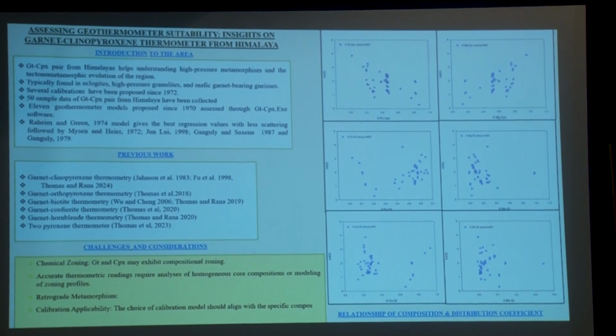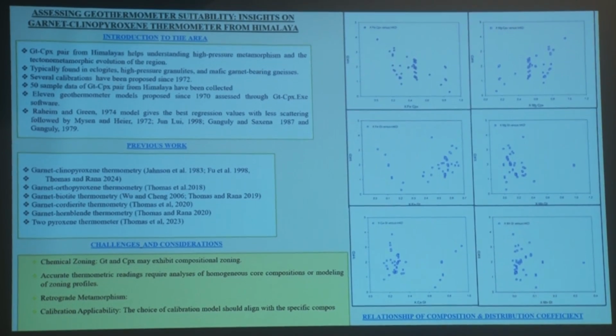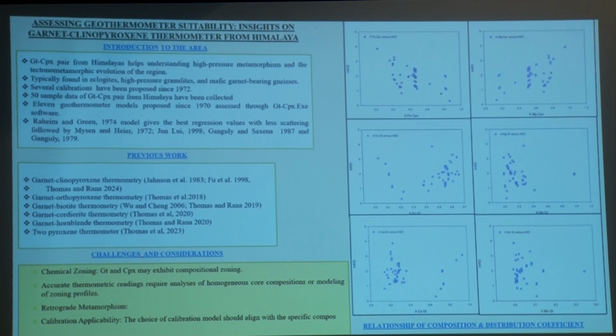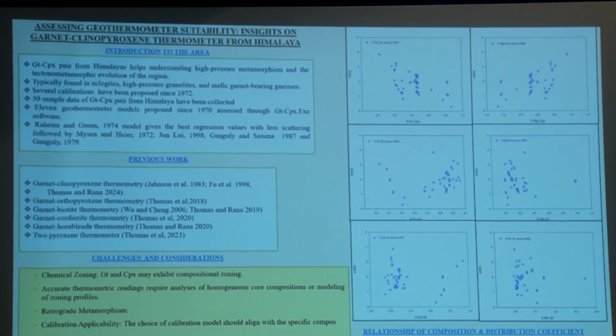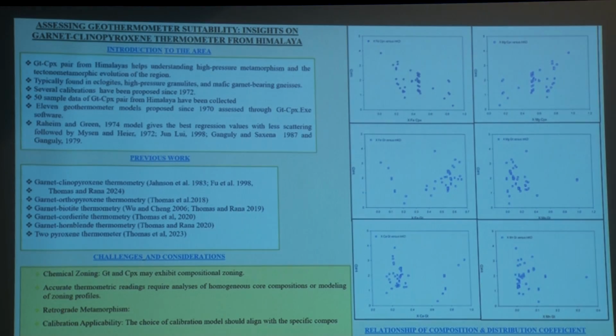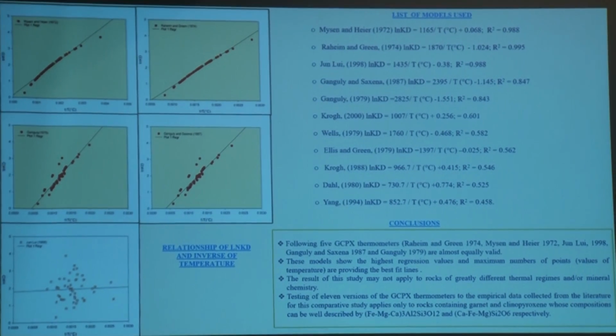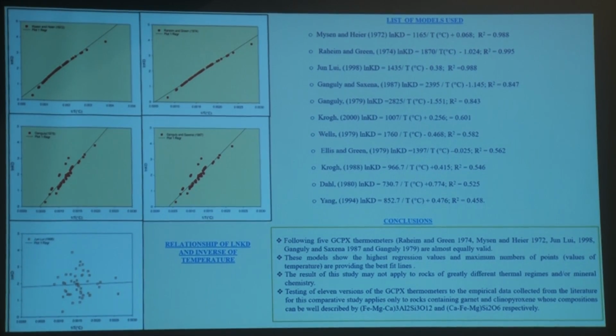I have collected data from Himalayan areas from various authors and processed it through software which I developed long back. I have compared all models, and Ganguly 1979 is the best model based on regression analysis.